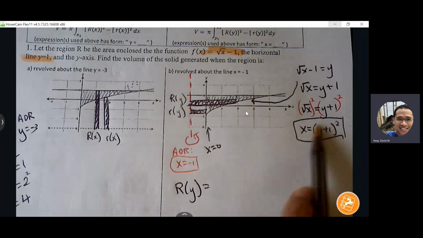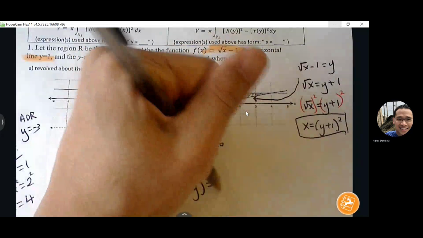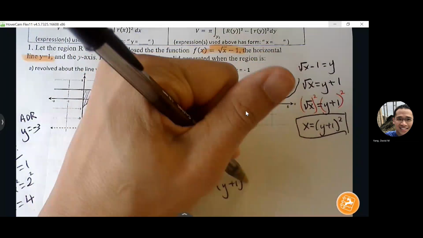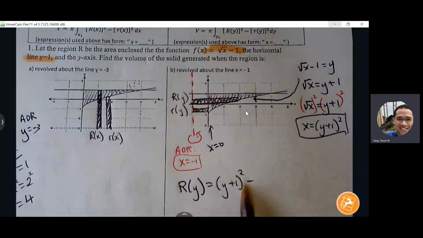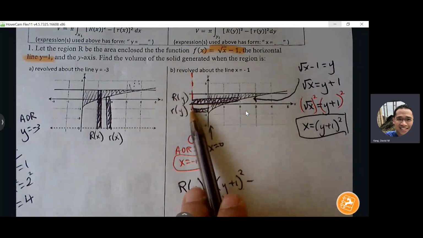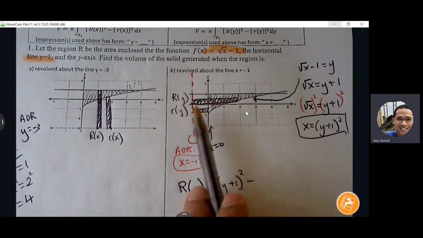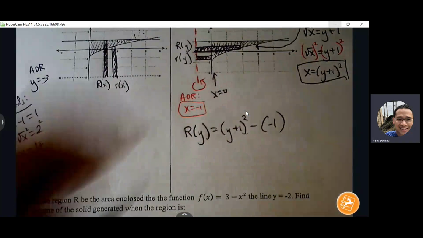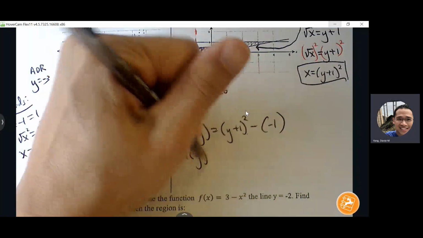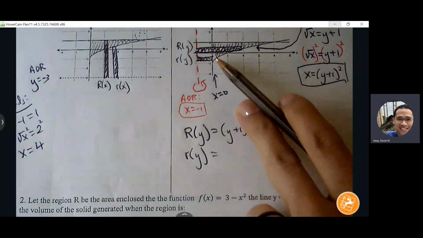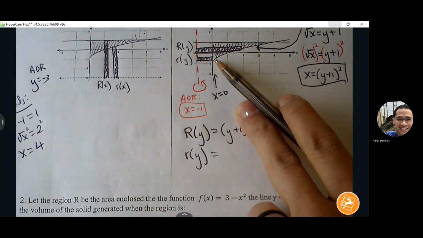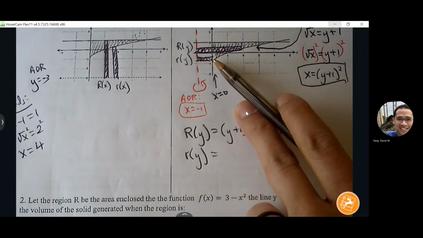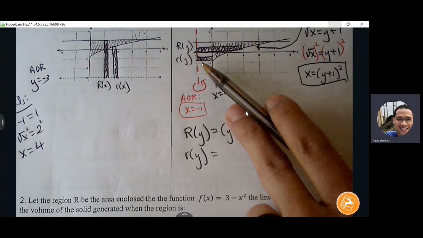It's sitting on the y plus 1 squared. Minus what? Yeah. Gotta change that sign, right? Because we have two negatives there. Okay, little r. What's the right endpoint sitting on? 0. 0 minus negative 1.